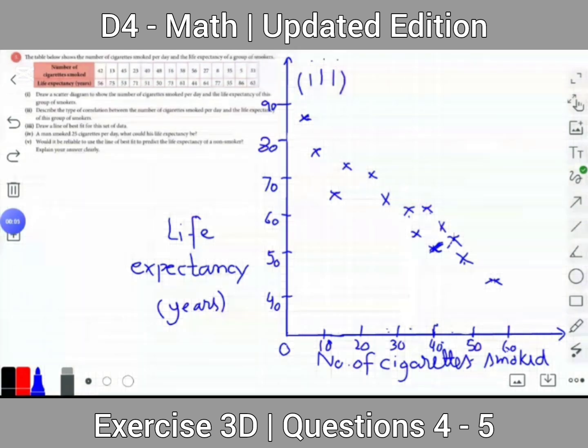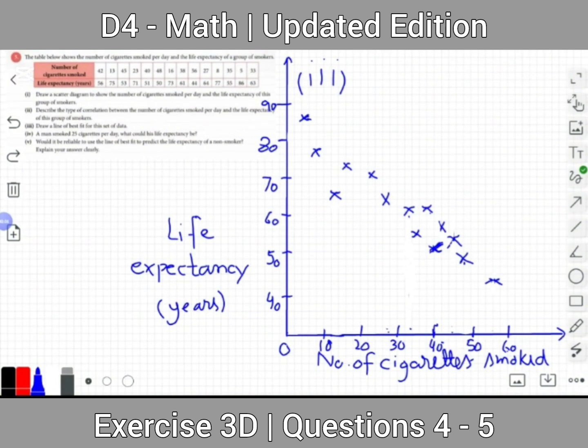Now draw a line of best fit for this set of data. So now we will draw a line of best fit.